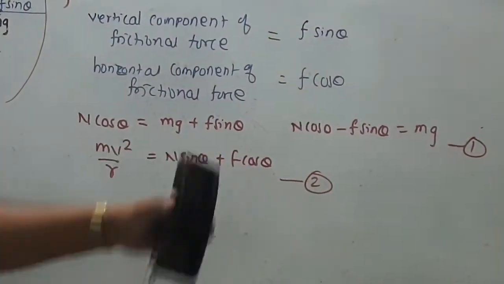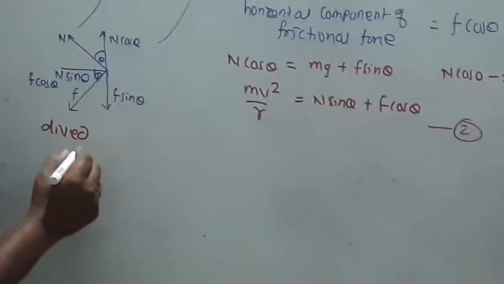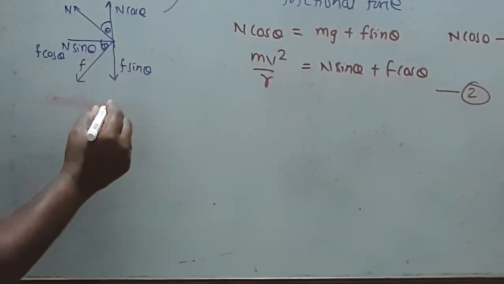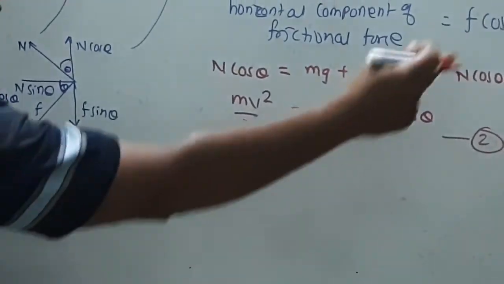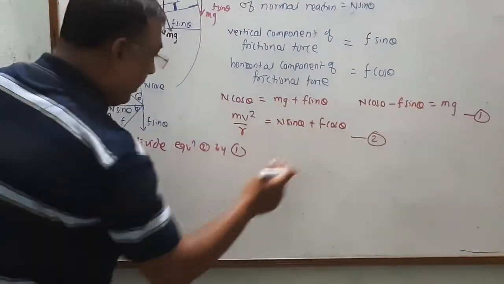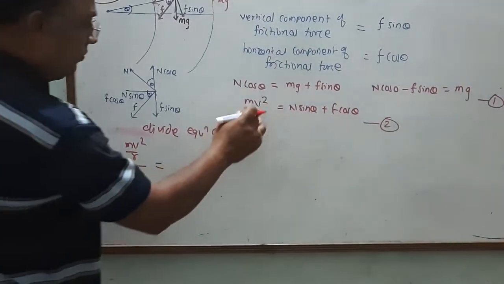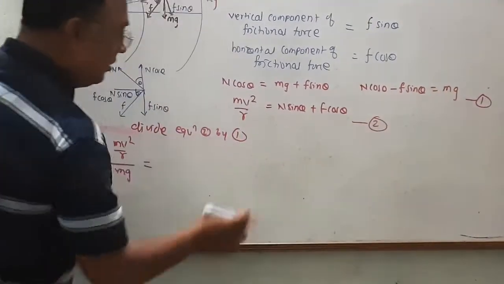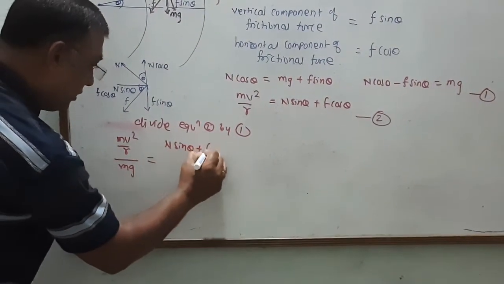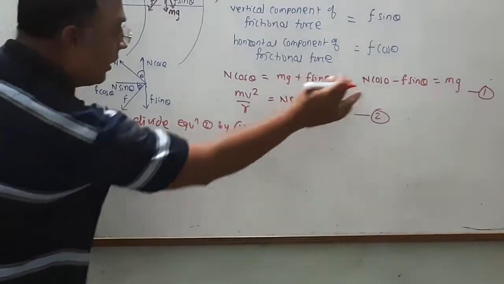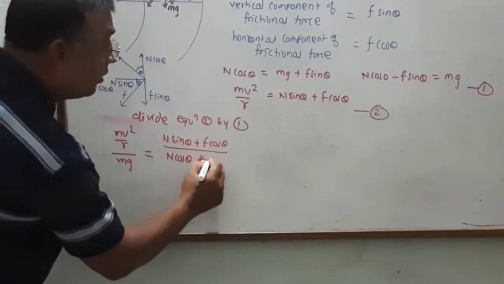Now you can divide equation 2 by 1. Equation 2 is to be divided by equation 1. So I can write mv square upon r upon mg is equal to N sin theta plus f cos of theta upon N cos theta minus f sin of theta.